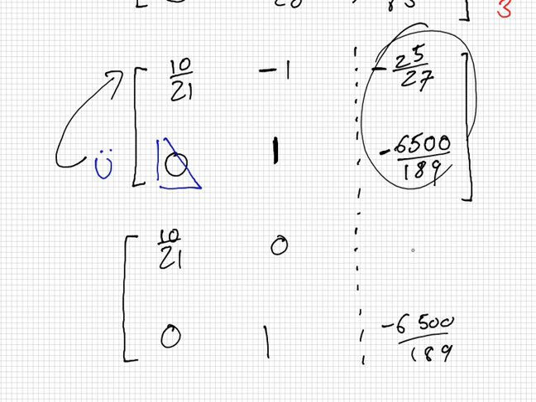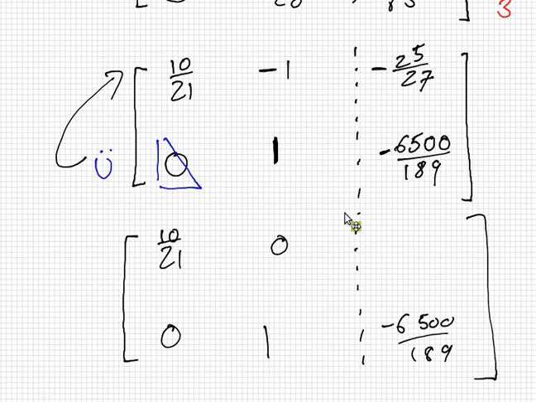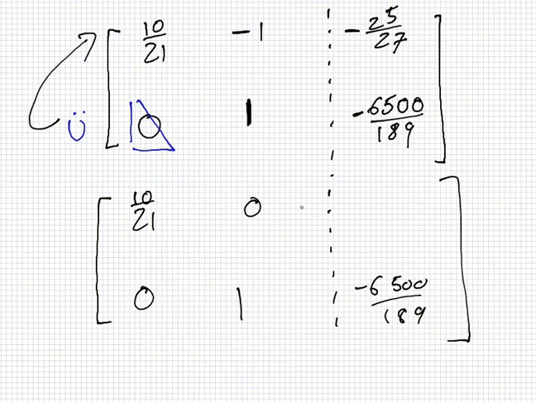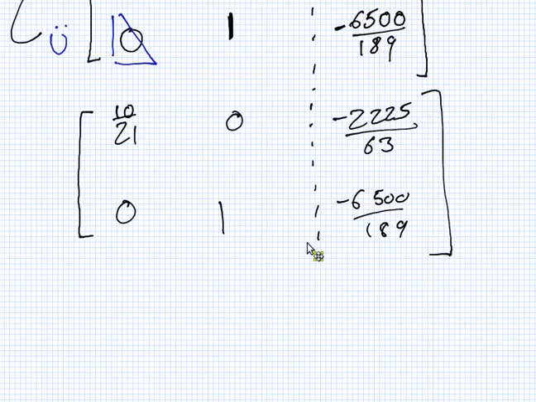These 2 together, we'll put the answer here. Minus 2225. Yeah. Minus 2225 over 63. Only one step left to make this really nice.